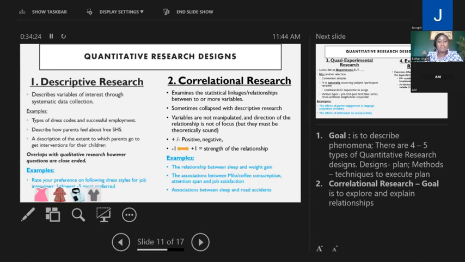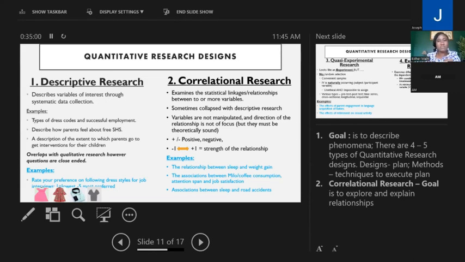So 0 means no relationship. And then from 0, as you edge towards 1, the stronger the relationship, right? So obviously 0.89 will be stronger than 0.43. Now, negative 0.89 will also be stronger than negative 0.43 when you're talking about correlational research, because remember, the negative and positive sign denotes the direction, and the magnitude denotes the strength of the relationship.